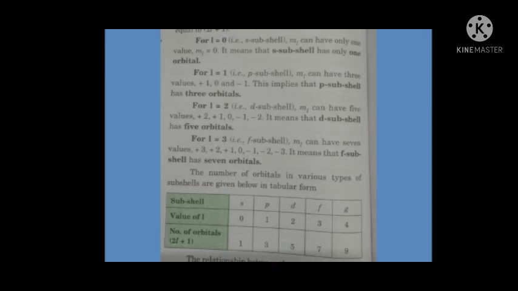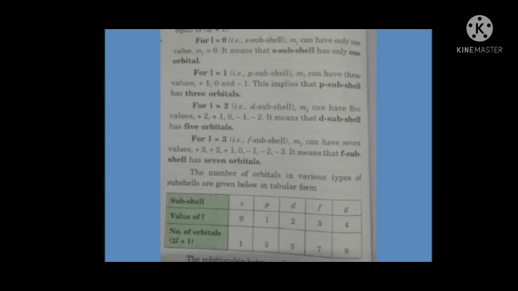Then for L is equal to 1, that represents P subshell, and the possible values of ML are minus 1, 0 and plus 1. That means 3 different values are there. So P subshell contains 3 orbitals.